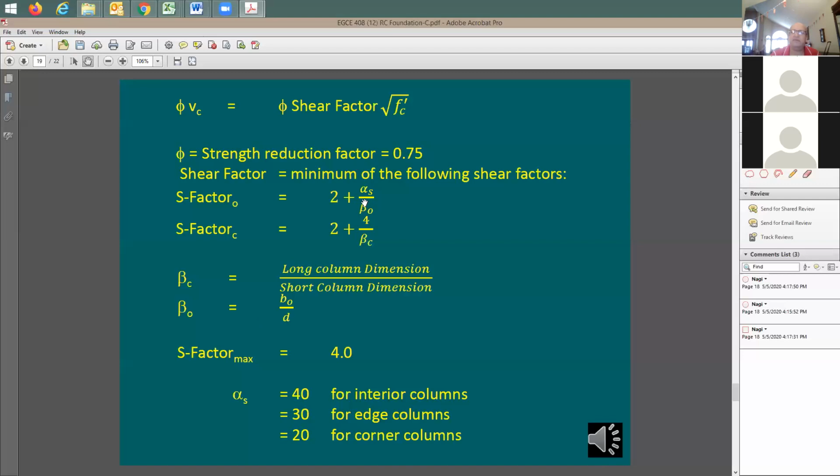You don't want it to be very big in value, which means you prefer to have a thick slab and a small column rather than a thin slab and a big column. So you have the engineering feeling for it, but now you have it justified in the equation. So you know the exact effect of having a very big column and thin slab versus a very small column and thick slab.